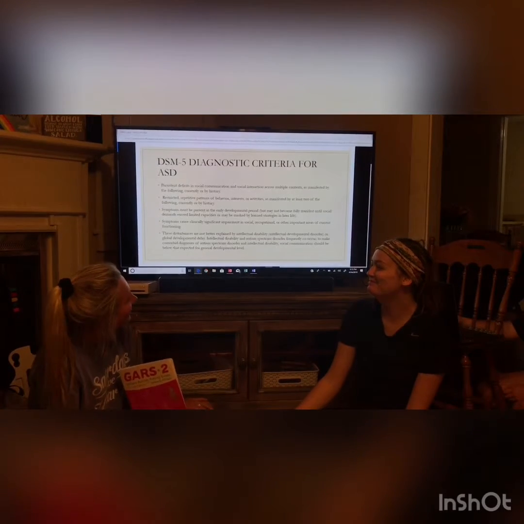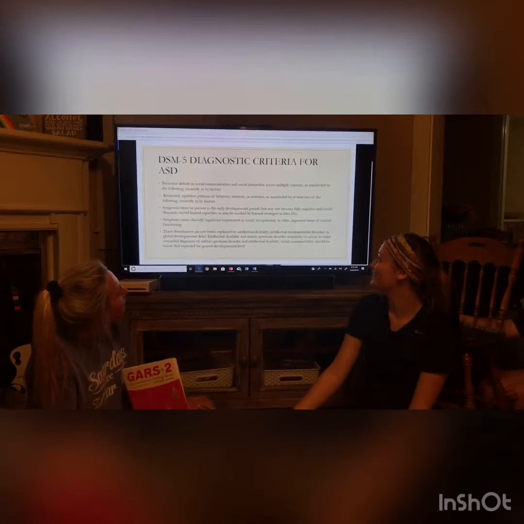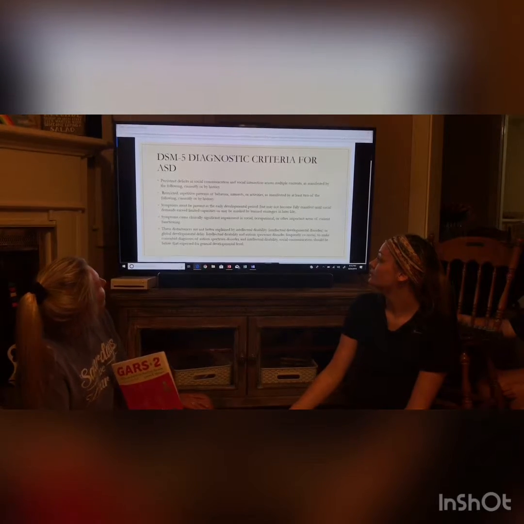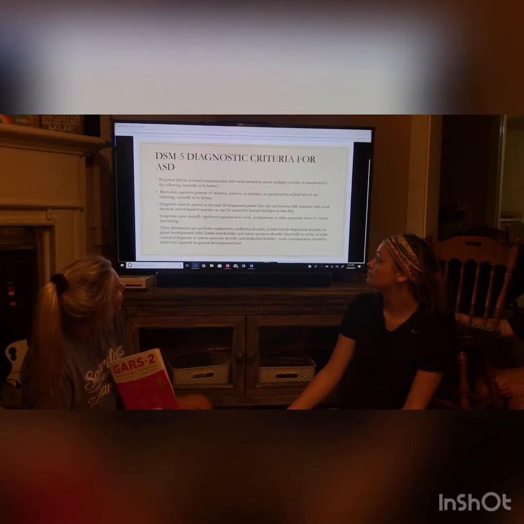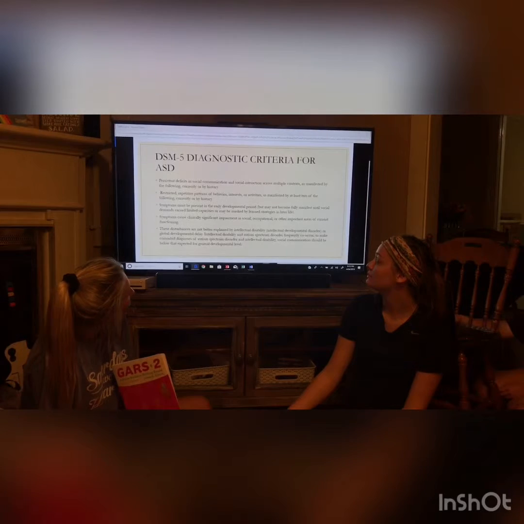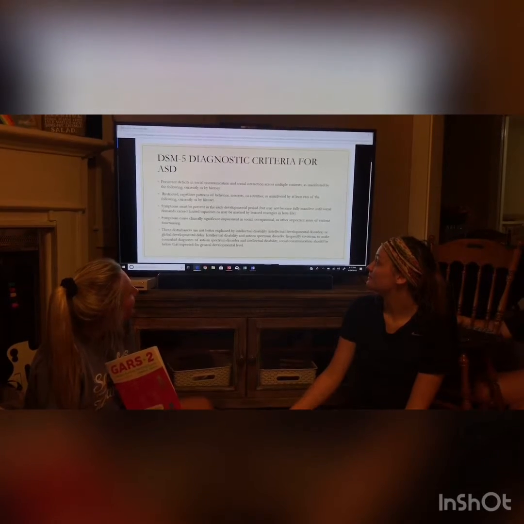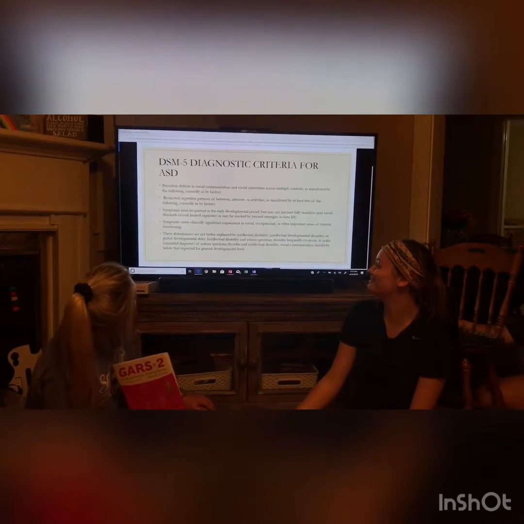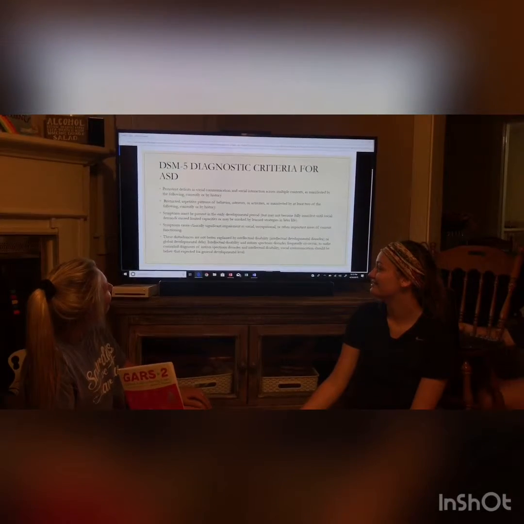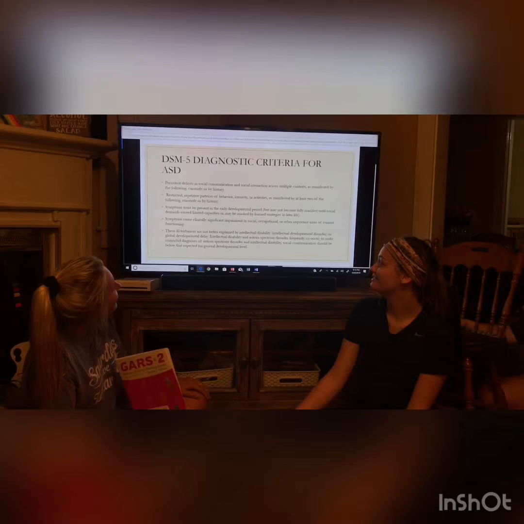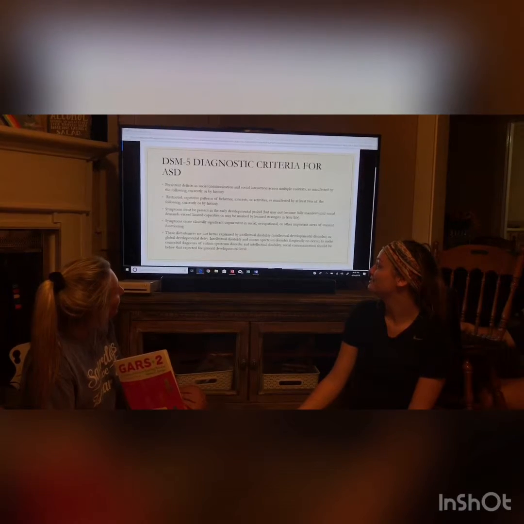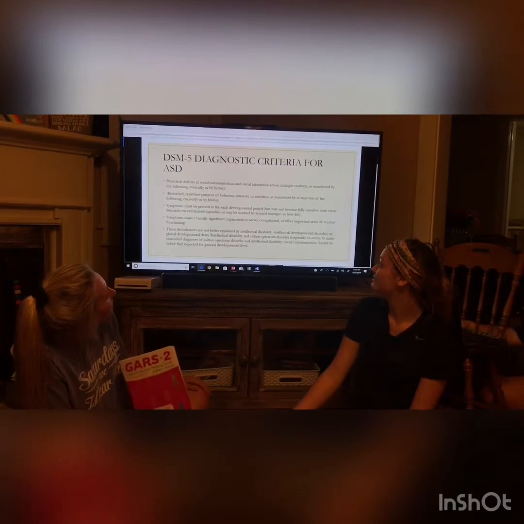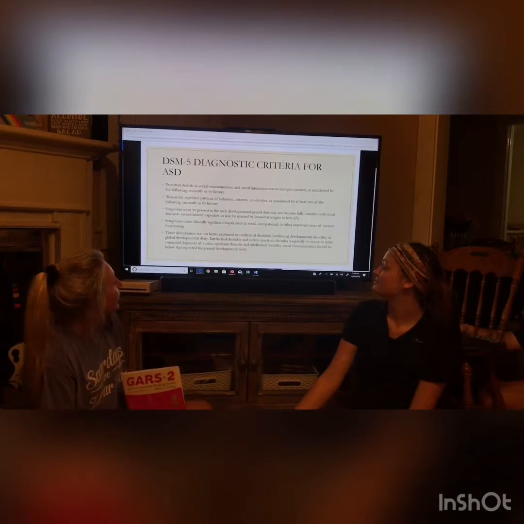developmental period, but may not become fully manifested until social demands exceed limited capacities or may be masked by learned strategies in later life. Symptoms cause clinically significant impairment in social, occupational, and other important areas of current functioning.